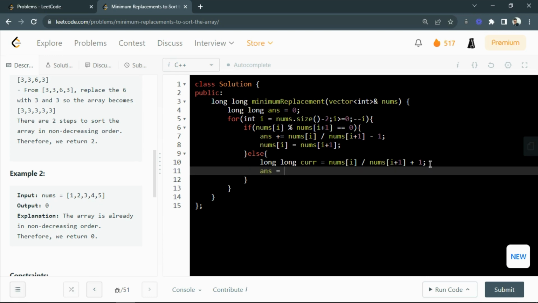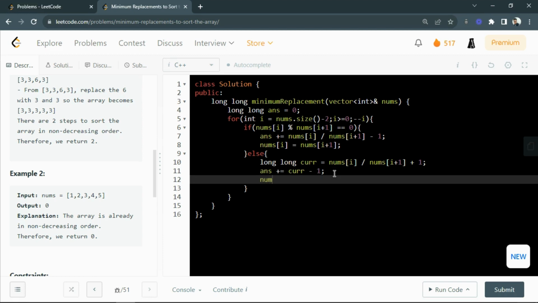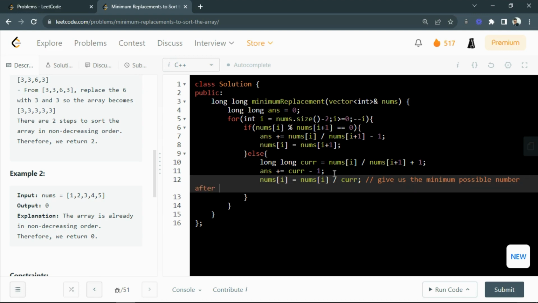So our answer will be nothing but current minus 1, that is number of parts minus 1. So we'll add this to our answer. And finally we need to change nums at I. So nums at I will become nums at I, that is the current number, divided by number of parts. And this will give us the minimum possible number after division.